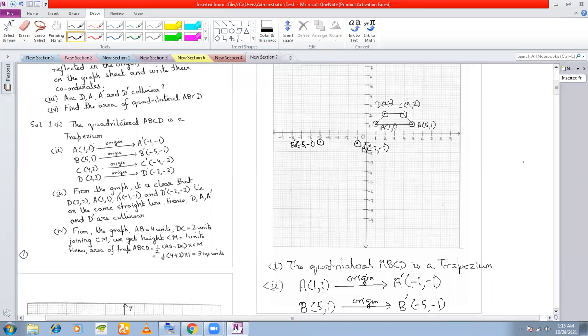Okay, next is C dash (-4, -2). (-4, -2) will be here. And finally you have D dash (-2, -2). (-2, -2) will be here. And now you can join these just to show that this is the image.